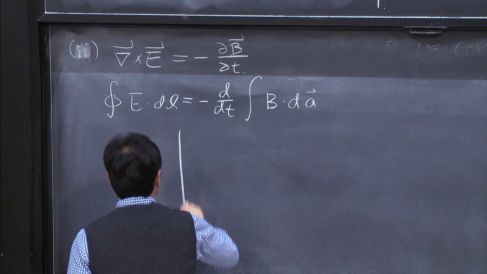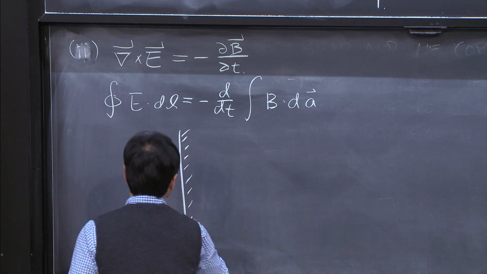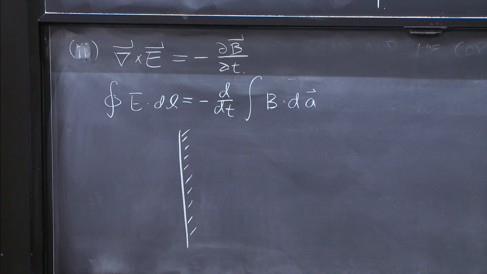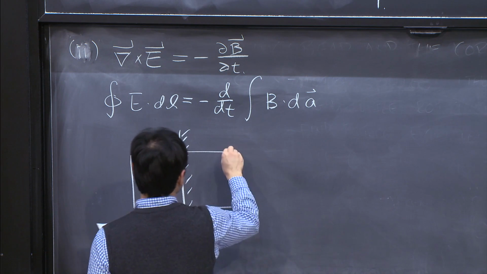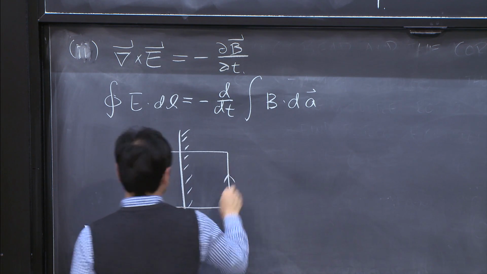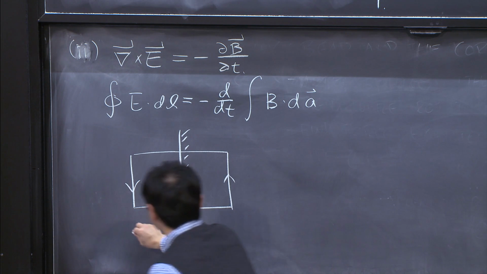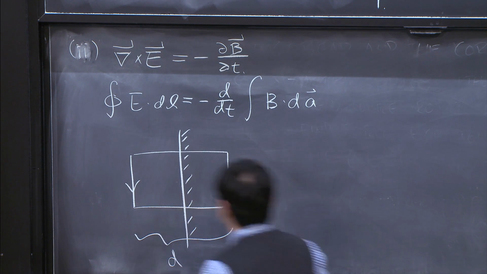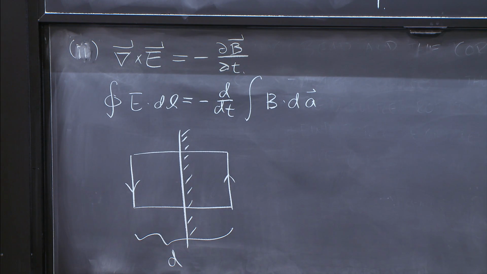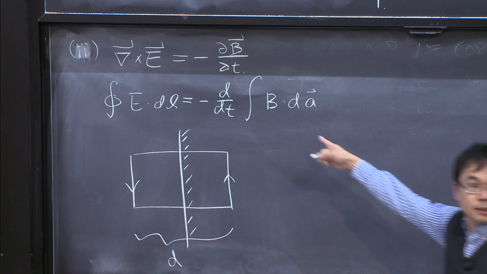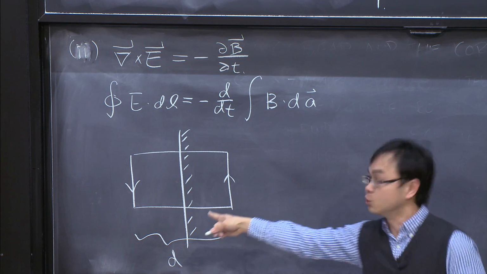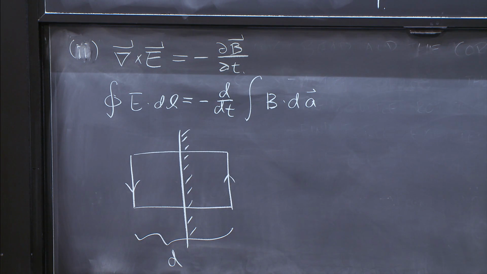So I again draw in the surface which connects the two materials, and I can now define a loop like this, with width equal to d, and there can be a contribution from the magnetic field in the right-hand side integral contributing to this equation.